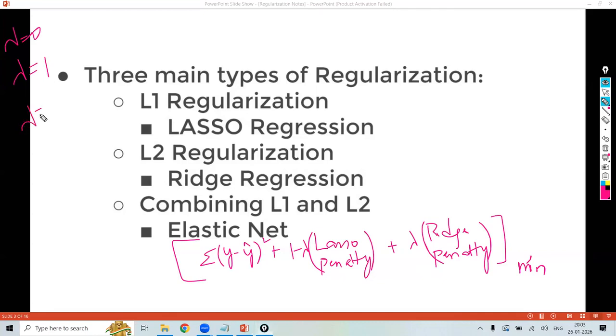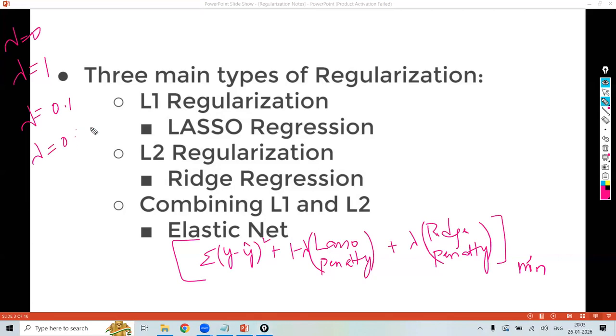Now, if lambda is equal to 0.1, 90% ridge, 10% lasso. Total 100% now. Out of 100% of the penalty, I have given 90% for ridge and 10% for lasso.